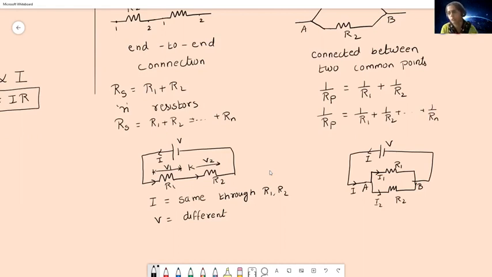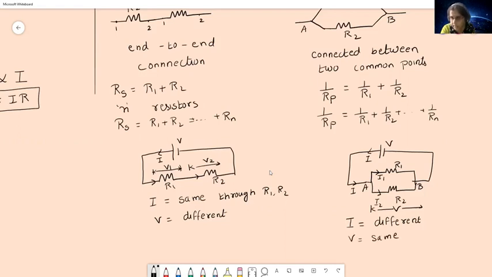So the currents through R1 and R2 are different. So in parallel connection, I is going to be different. But what about V? V is going to be the same.